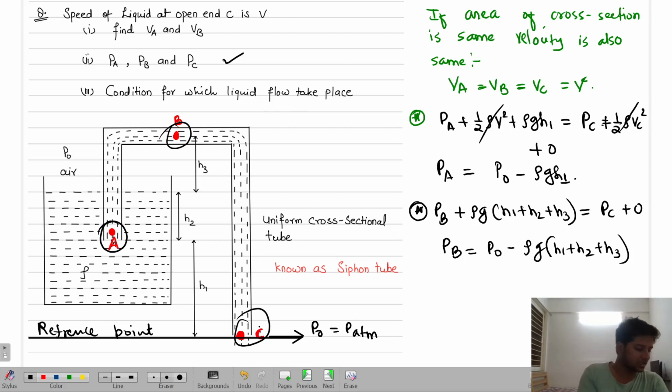Next thing, the condition for which the flow will take place. Tell me, what should be the condition? What is the necessary condition that the flow will take place? See, from here the atmospheric pressure P naught is applying pressure.